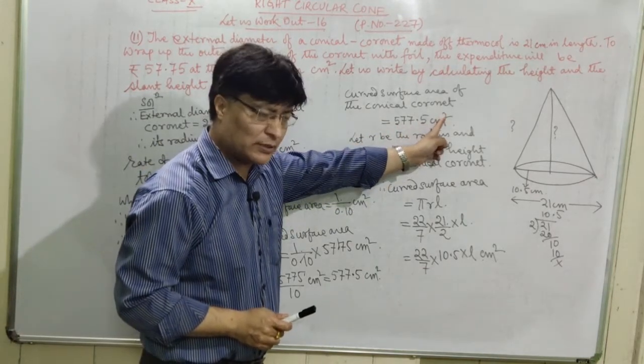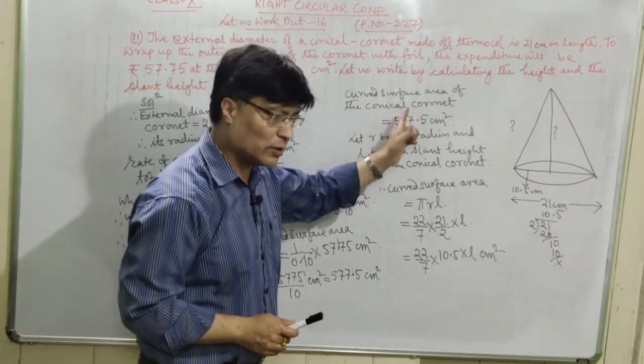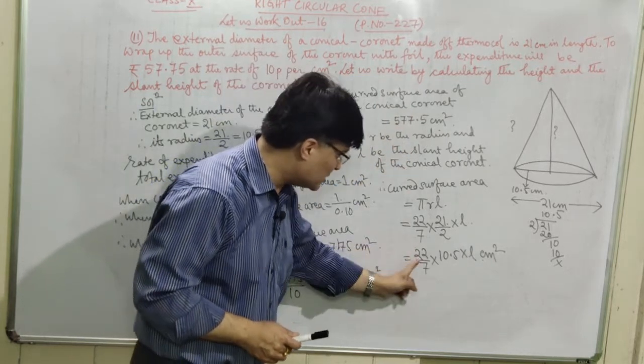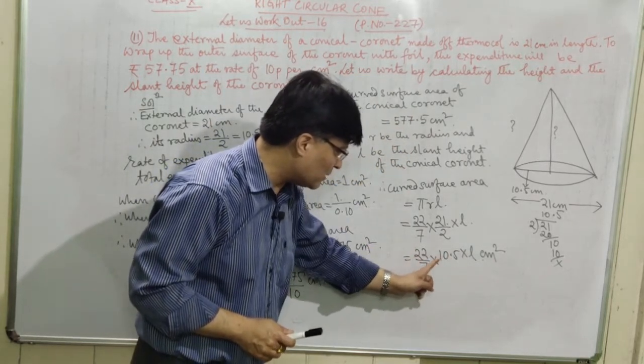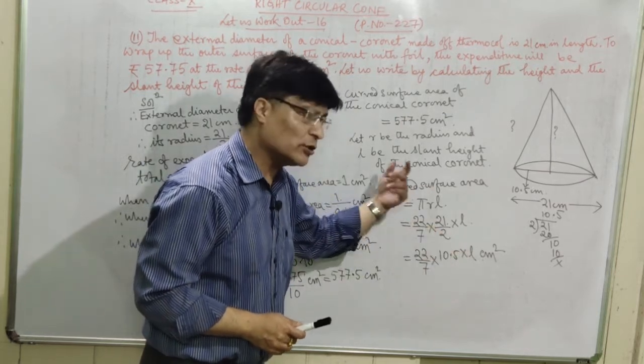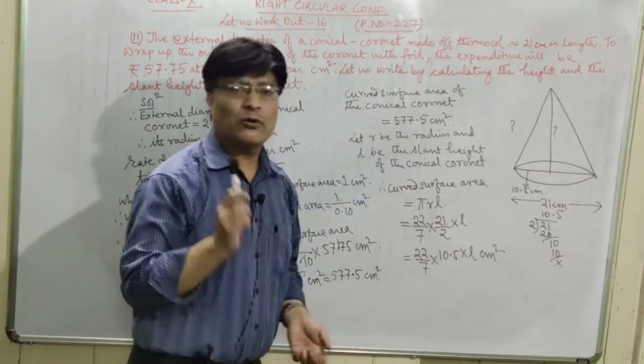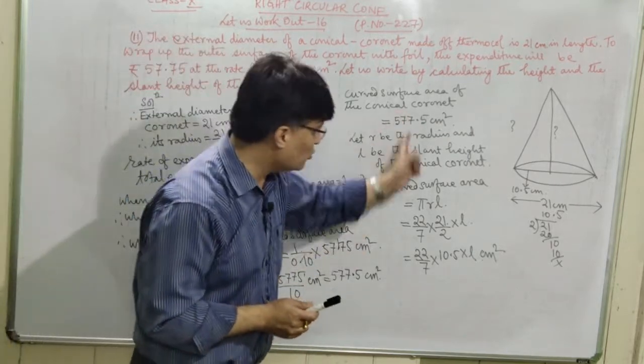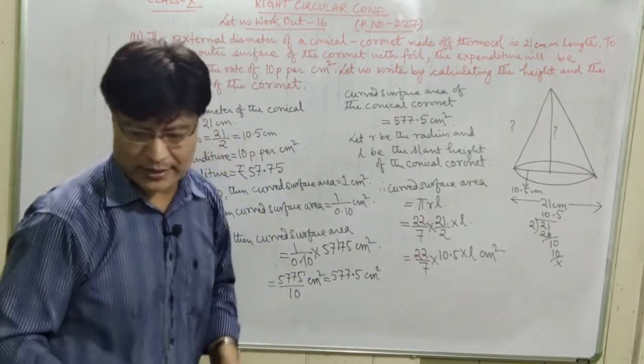Now this 577.5 square centimeter is the curved surface area of the conical coronet, and this, 22 by 7 into 10.5 into L centimeter square, is also the curved surface area of the same conical coronet. So these two must be equal, right?